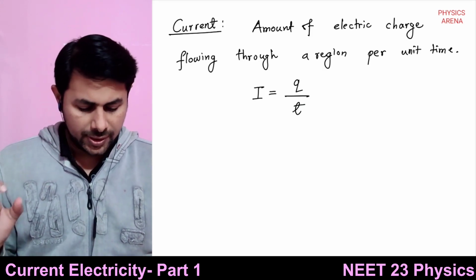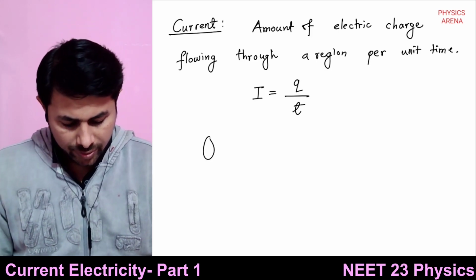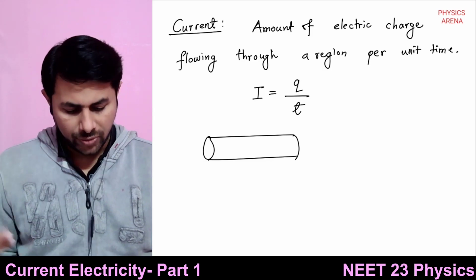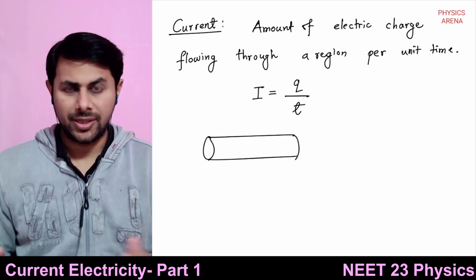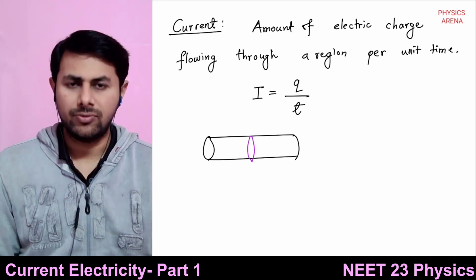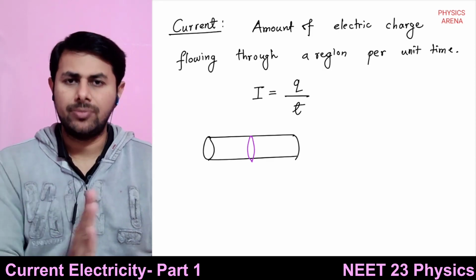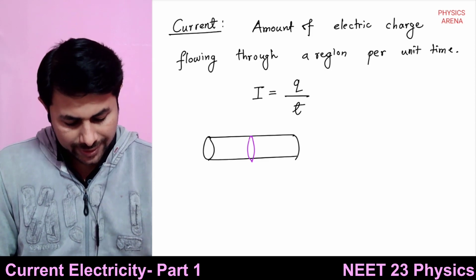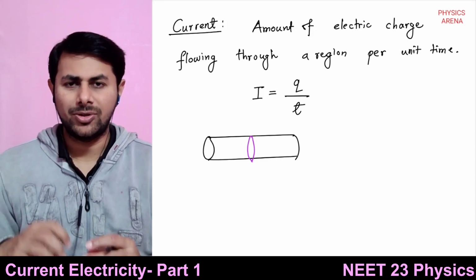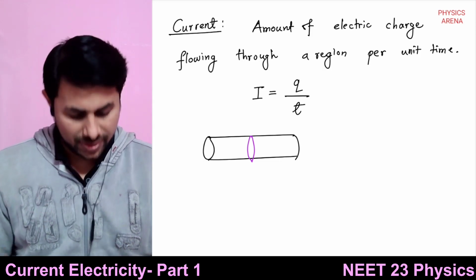Now this current through a conductor is not always constant. It keeps on changing. So if we consider this wire, suppose, the amount of charge flowing through the cross sectional area of this wire is not constant. It keeps on changing, it fluctuates.